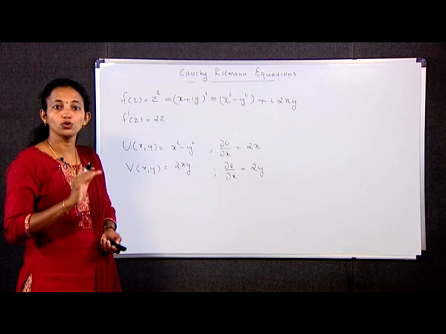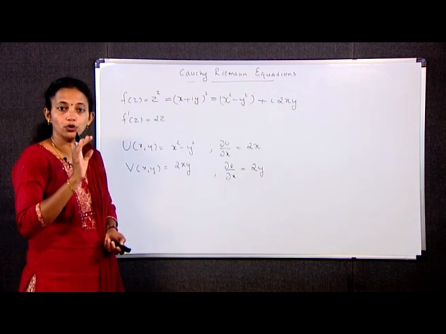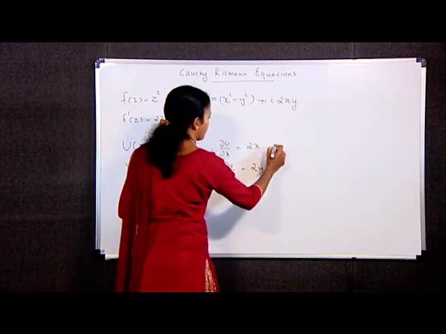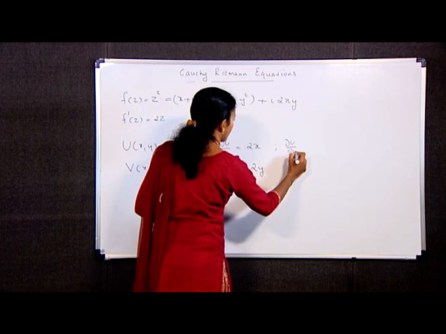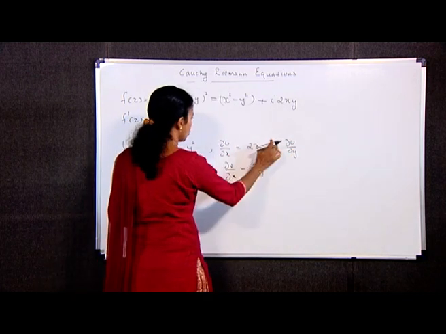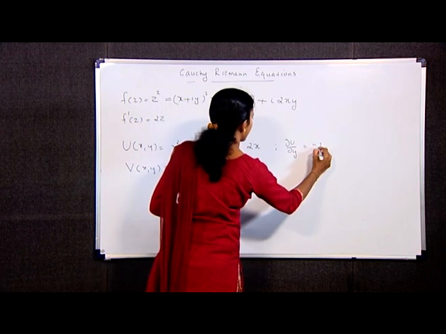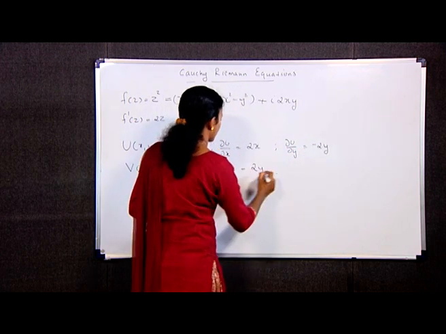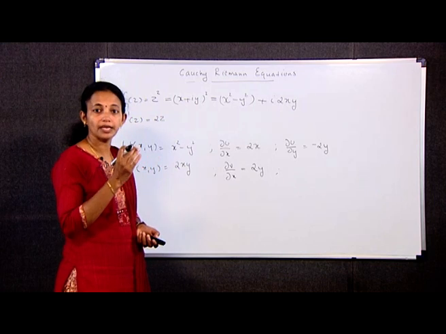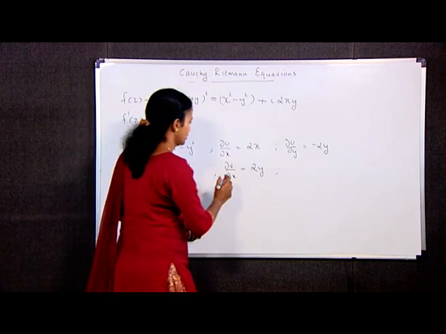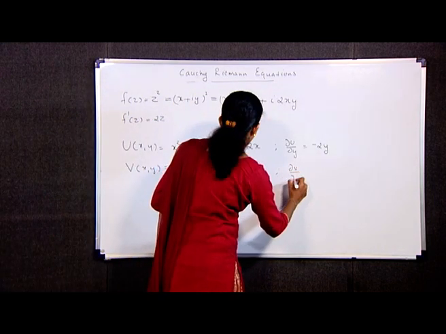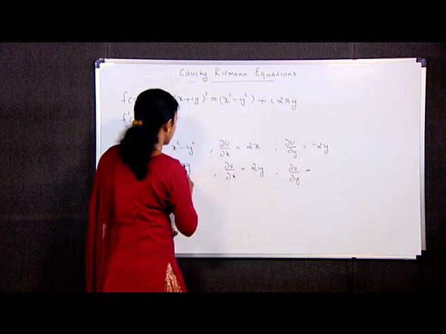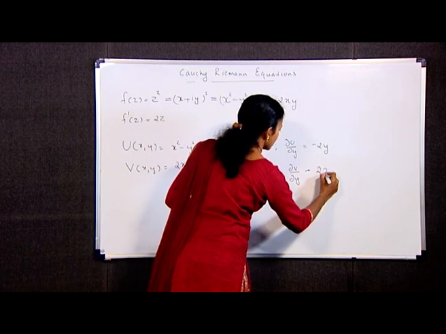Also u_y, that is dou u by dou y, is equal to minus 2y, and again dou v by dou y is equal to 2x.